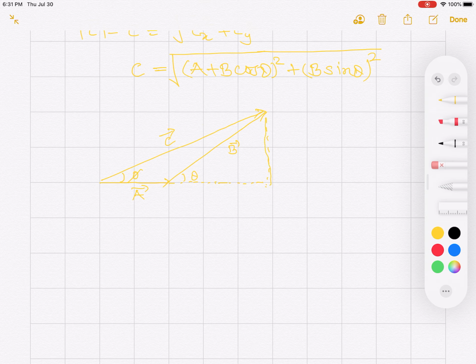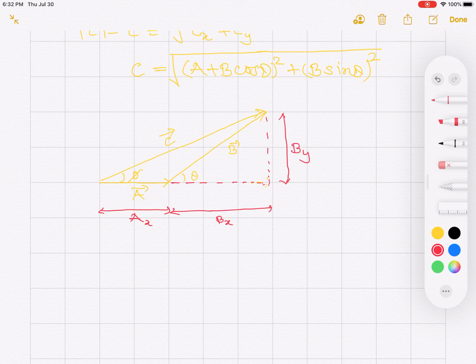Okay, let me use a good color so that you can see clearly what's going on. If I just extend this one and this one, this component is just the x component of a. From here to here it's the x component of a, and from here to here it's the x component of b, and from here to here it's just the y component of b.